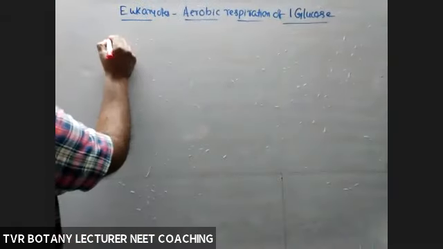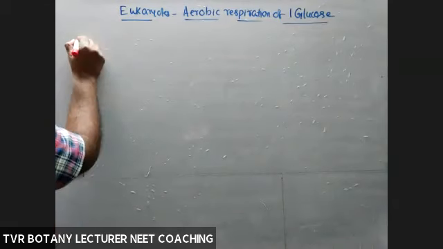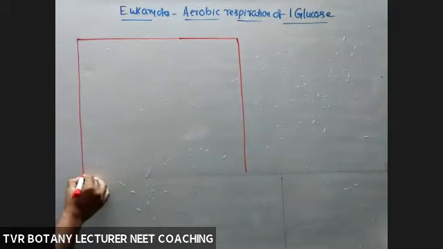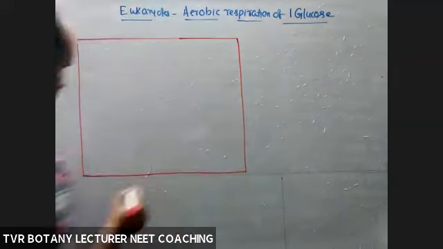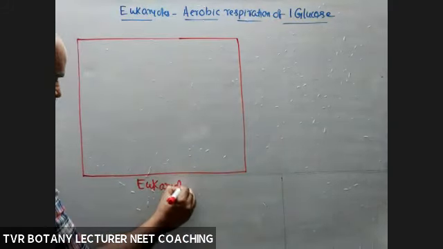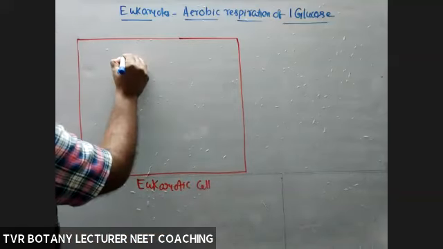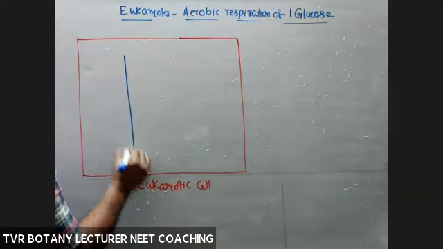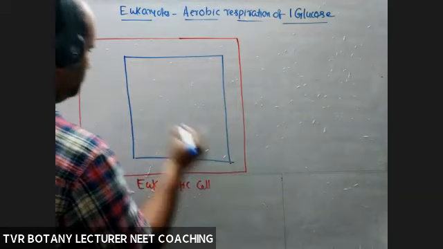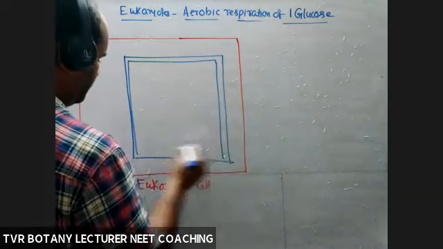For example, this is a eukaryotic cell with mitochondria. This is a diagram. This is mitochondria. Mitochondrion, singular.